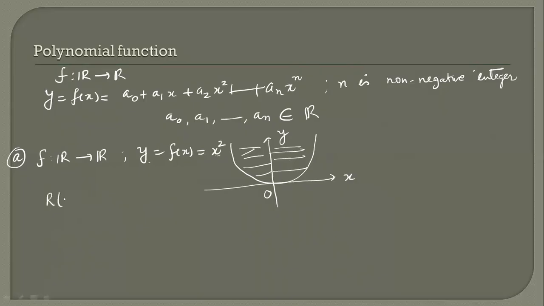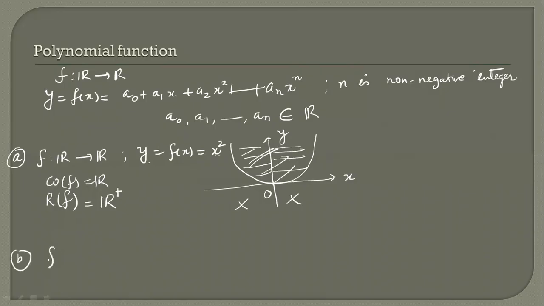In this case, if you see the range, the codomain of f is the entire real numbers, but the range of f is only the positive real numbers. Only positive, because we are getting this graph in the first two quadrants, 1 and 2, not in the third and fourth quadrants. It means y is always positive. And the values of y are called the range.